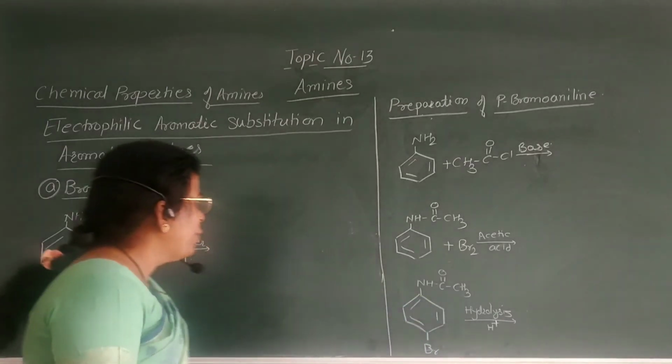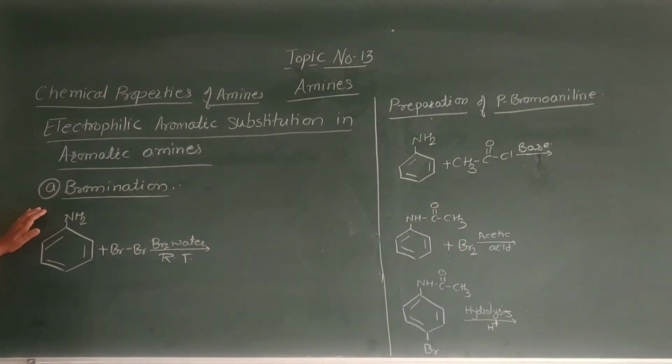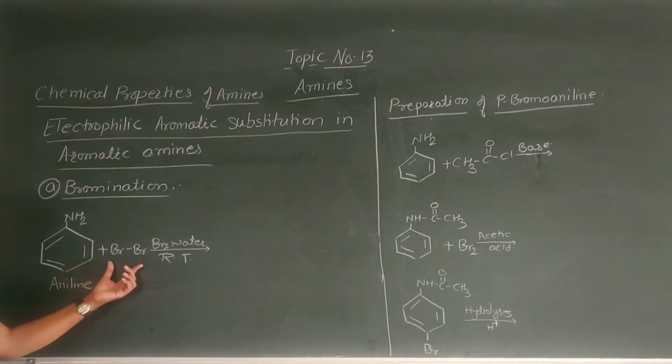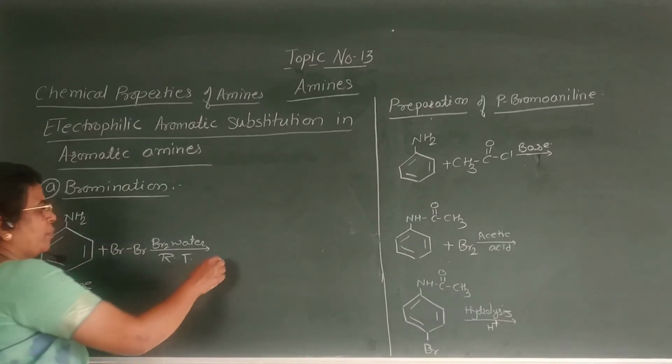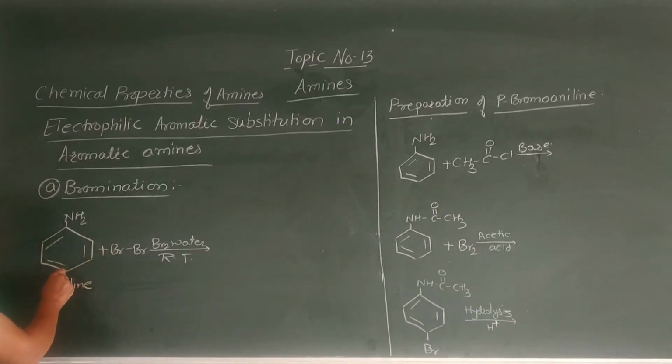Now, the first reaction we are going to see is bromination. Here this compound, C6H5NH2, is aniline. When this aniline is treated with bromine water at room temperature, all 3 hydrogen atoms from the 2 ortho positions and 1 para position are replaced by Br.